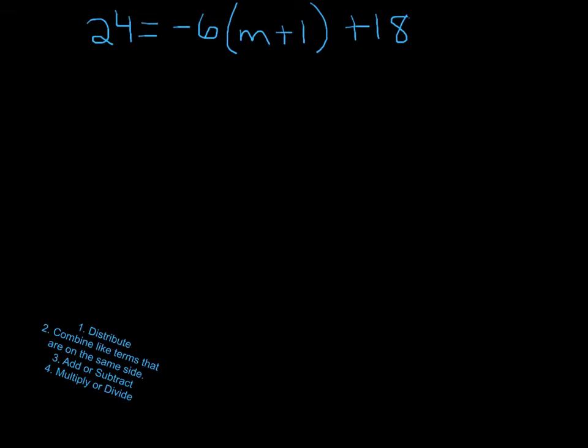Okay, example number 3 is a little bit more complicated, added a step. And that is because we have this set of parentheses. So now we actually have to do this first step of distributing. So negative 6 times m is negative 6m, and negative 6 times a positive 1 is negative 6.